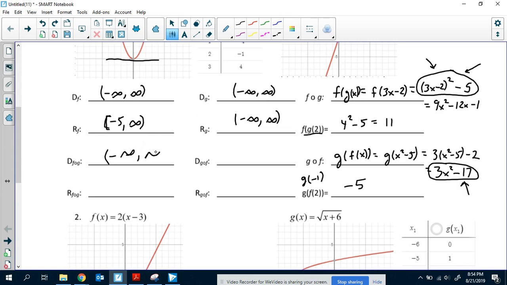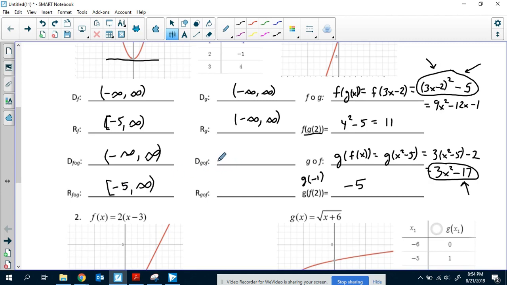So -infinity to infinity. The range are all of the values that can come out. Notice that this part, the smallest it can ever be is 0. 0 minus 5 is -5. But this has no bound on how big it can be. So my range is -5 with a bracket to infinity.